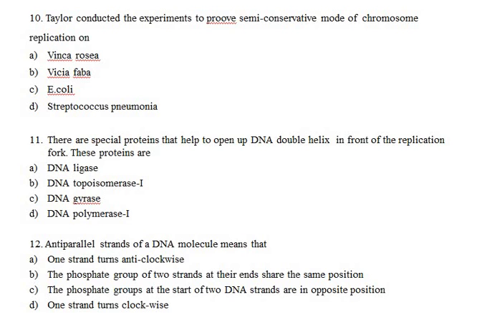Later, after Meselson and Stahl, Taylor conducted experiments on a plant. So which plant? Vicia faba, a type of bean plant, in which they proved that DNA replication in plants is also semi-conservative. So the correct option is Vicia faba. So B. 10th question, correct option is B.